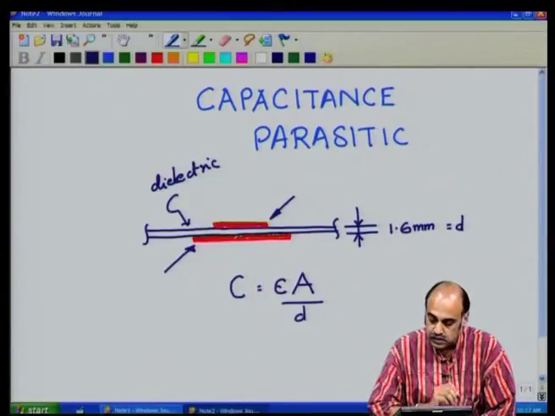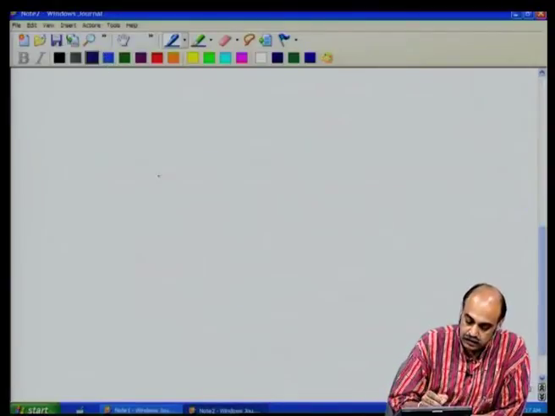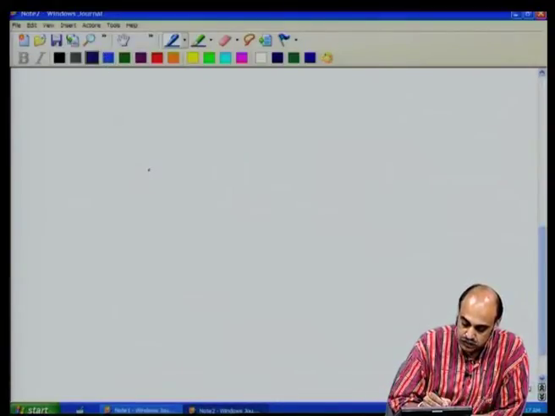So, this is one way of having capacitance in the printed wiring boards.